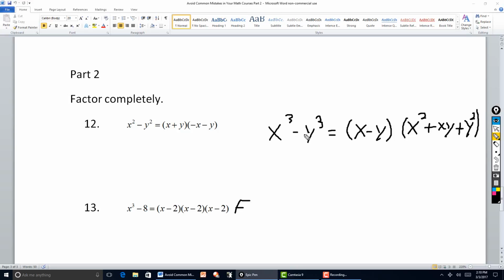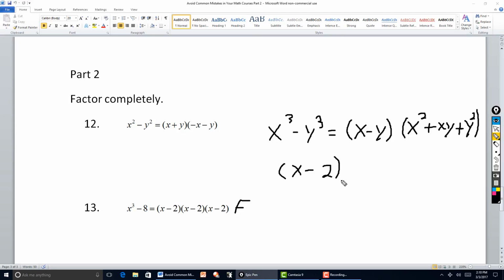So in this particular problem, if I want to factor, the first factor would be the difference of the cube roots. So the cube root of x cubed is x, the cube root of 8 is 2, because 2 to the third is 8, so 8 is a cube.